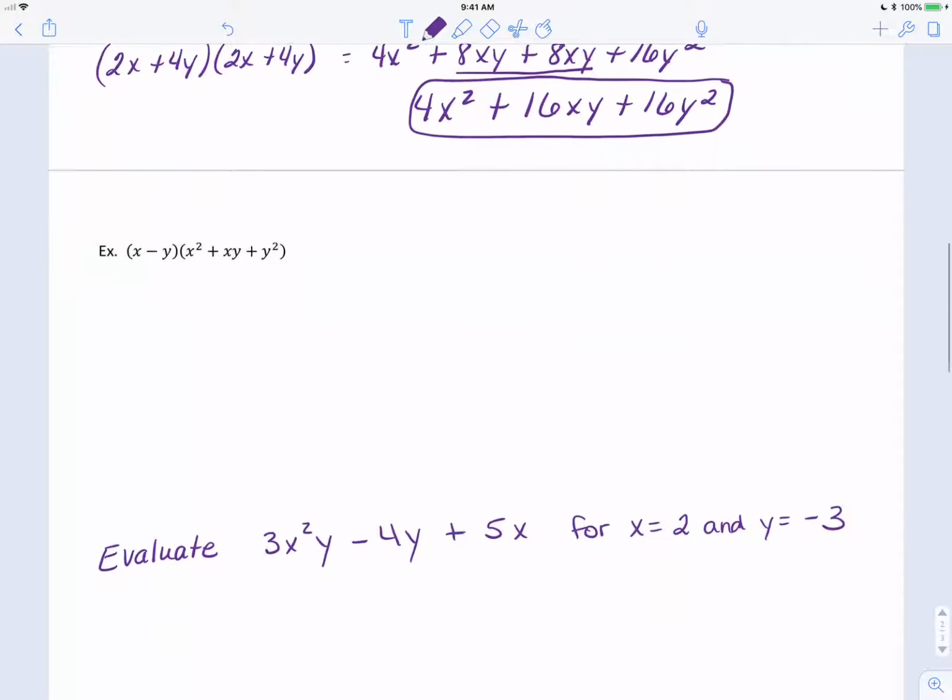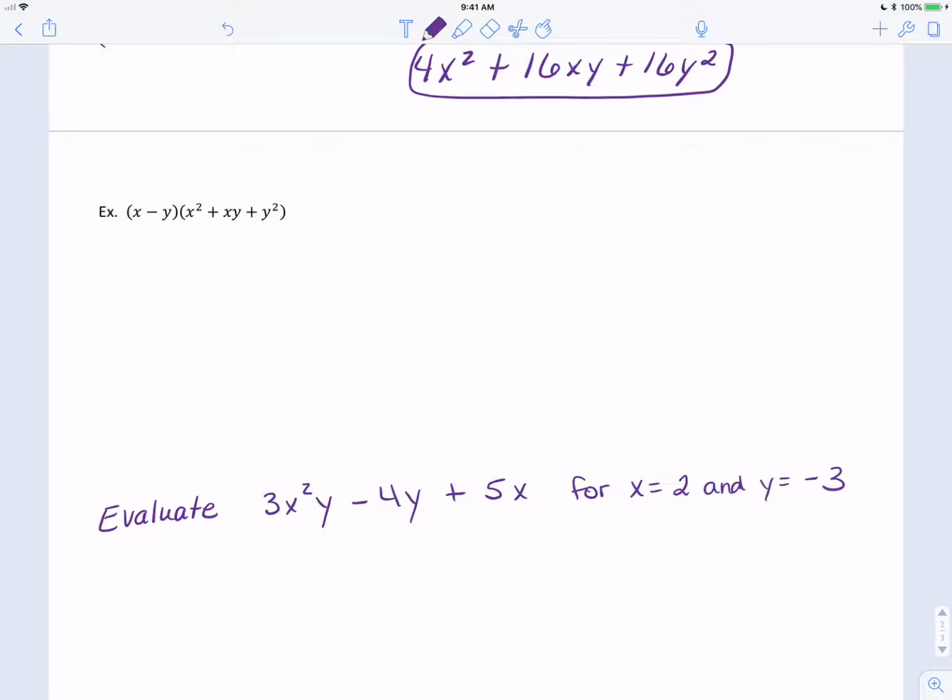Okay, and hopefully you can do this one also. So taking that first term, distributing it, then we'll take the second term.